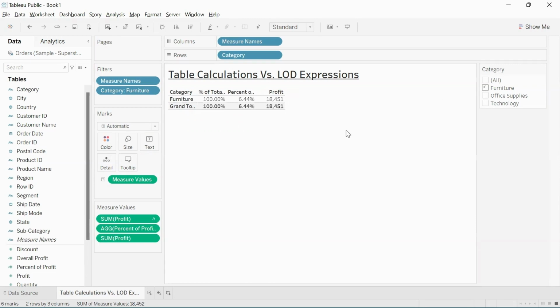If I keep only furniture, it still says furniture is 6% of the overall profit, which was obtained through an LOD expression. I hope this example gives you clarity on the difference between a table calculation, which works on the data in the chart, and an LOD expression, which is irrespective of the data in the chart, fixed at a certain level of detail.